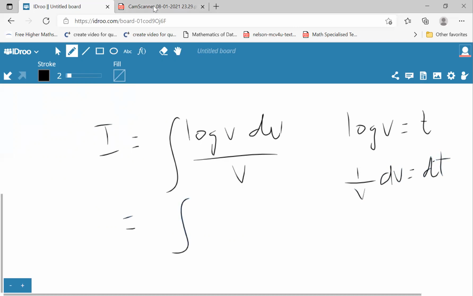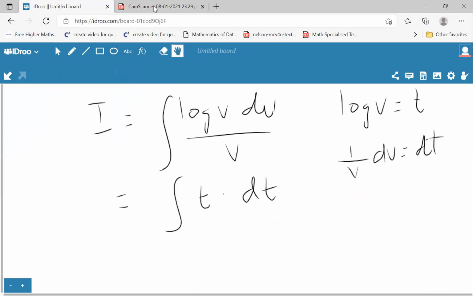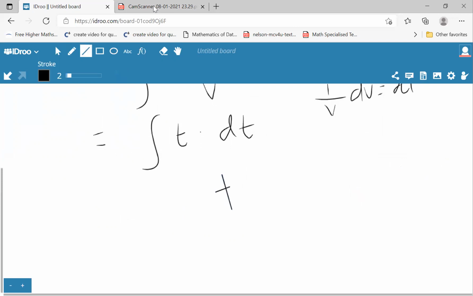So now this becomes integration of t dt. Now integrating, you get it to be t squared by 2 plus c. Substituting back for t, what is t?